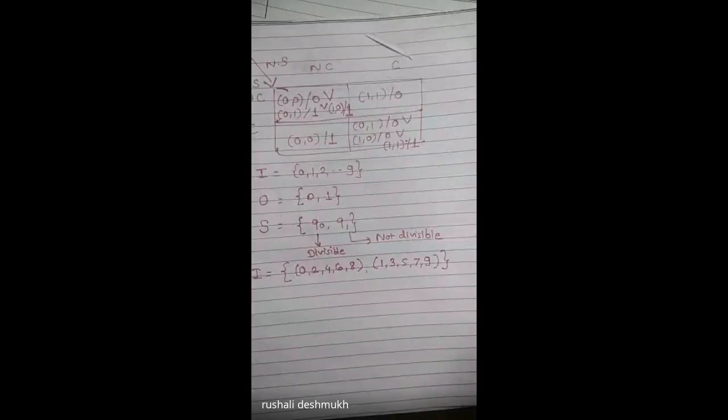Can you try this now? So your inputs are now only two sets. One is 0, 2, 4, 6, 8. The other is 1, 3, 5, 7, 9.